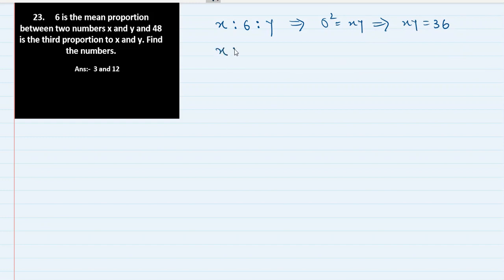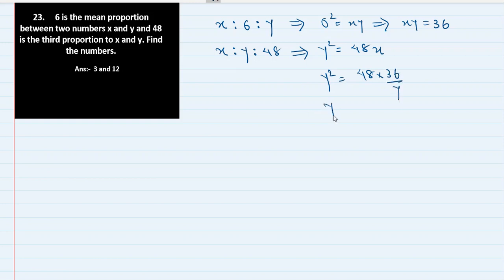That means x : y :: y : 48, which means y² is equal to 48x. Okay, find the numbers. Pretty simple. See, I know that xy is equal to 36. So in the place of x here, I can put the value of x. x will be 36 by y, right? So y² is equal to 48 multiplied by 36 by y.